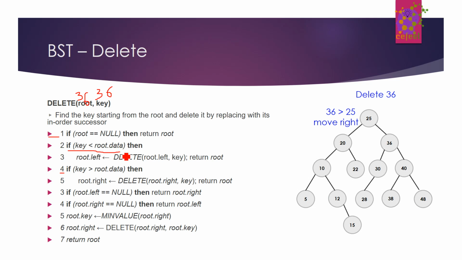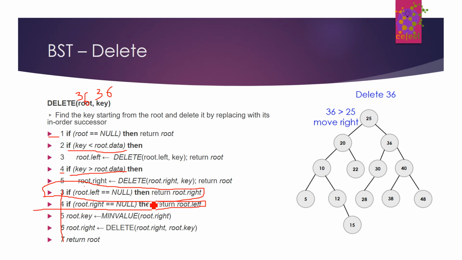Key is less than root.data, no. Key is greater than root.data, no, which means key is equal to root.data. So steps 1 to 5 will not be executed, but step 6 will be. Now it will check root's left node. 36's left node is not null, and hence this will not be executed.